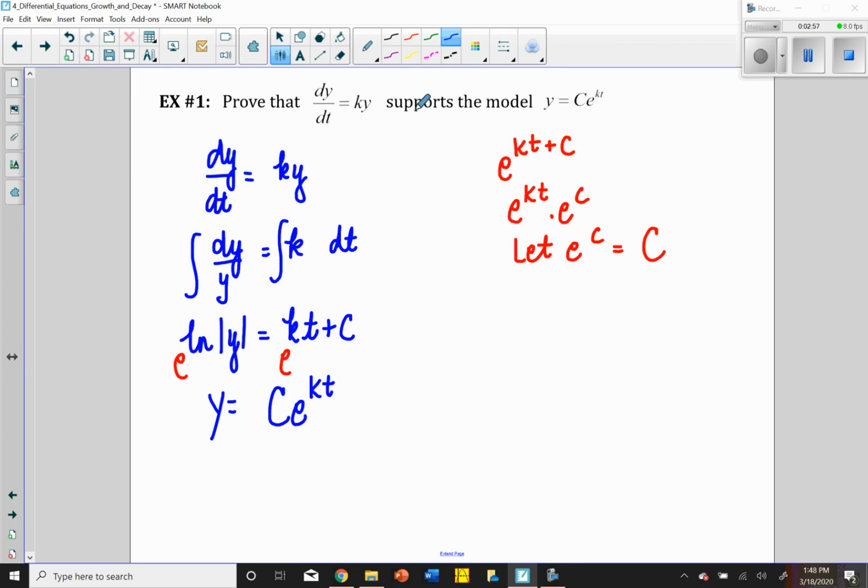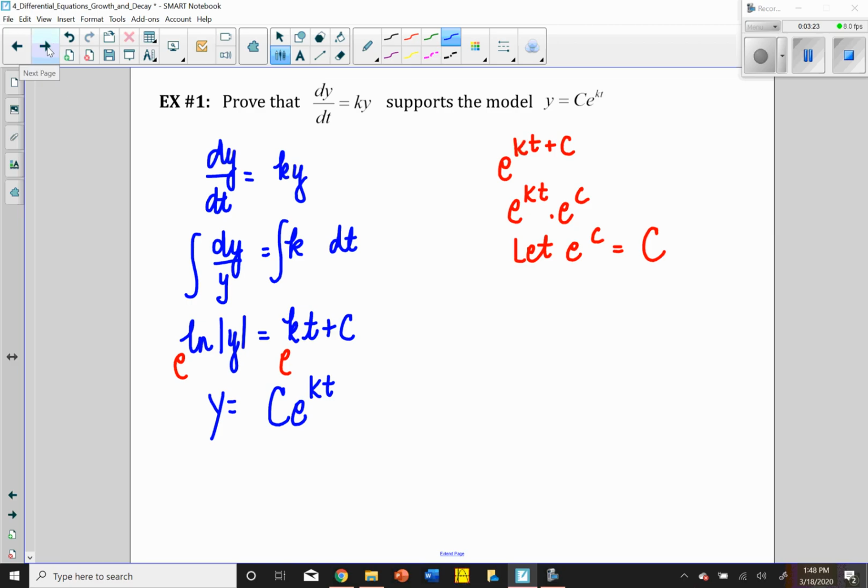So we've supported, by the separation of variables procedure, that the rate of change of y with respect to time being proportional to the amount present y can also be instantly converted to y equals ce to the kt, using the properties of exponents.